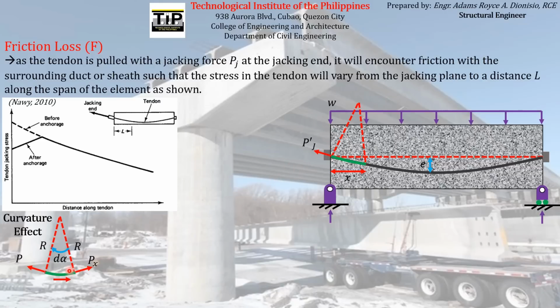Another force acting on this differential length, other than this force and this force, is the friction force that occurs because of the friction between the pre-stressing reinforcement and the surrounding concrete duct. Let us call the magnitude of that friction force acting on this differential length dP. Again, a very small frictional force, because we are considering a very small, differential length.